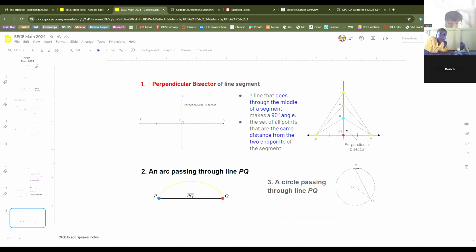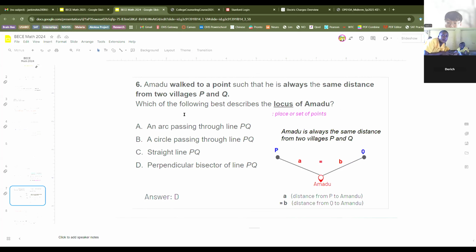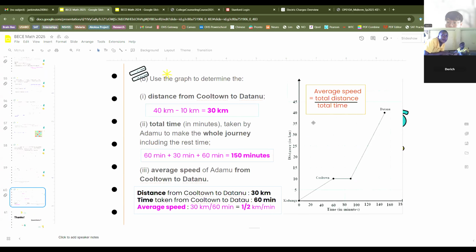The graph one, the 2025 one. Oh, sorry. Yeah, this one? Okay.